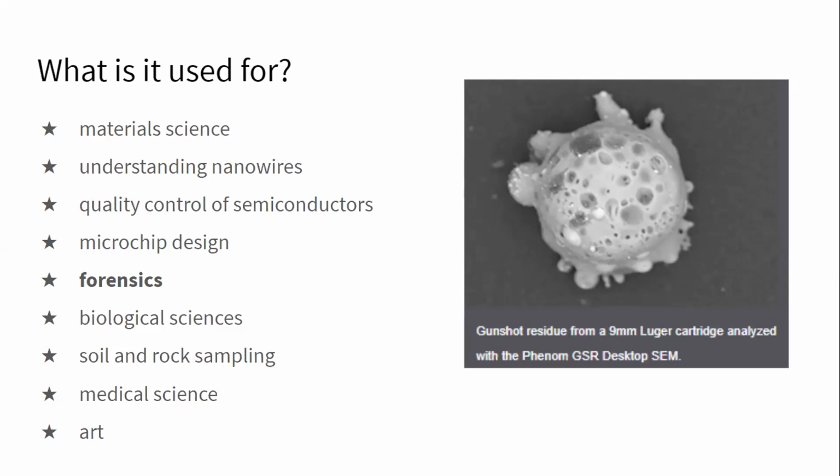And it can be visually and chemically analyzed with the scanning electron microscope. And so shown here is actually gunshot residue that they were able to determine was from a 9mm gun. And yeah, so that's about it.